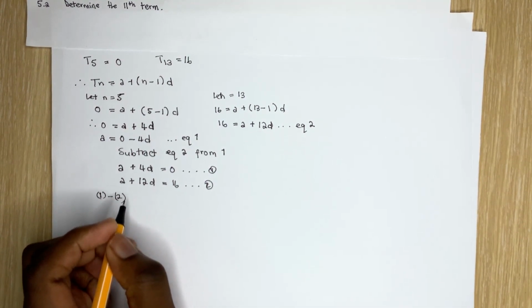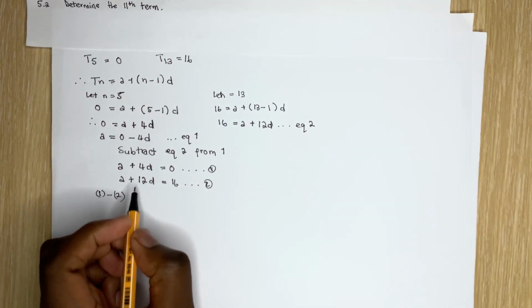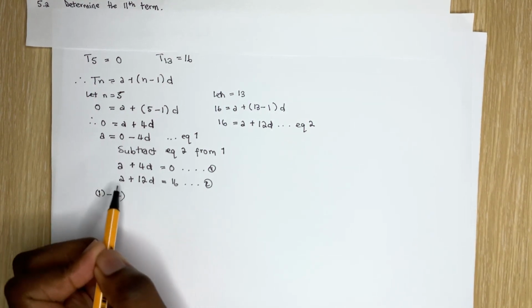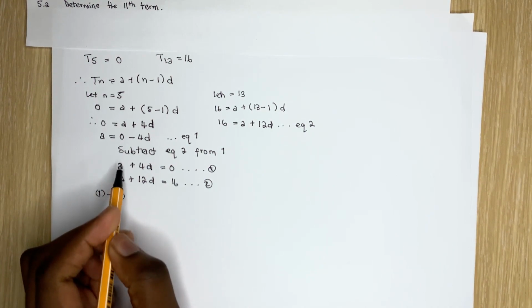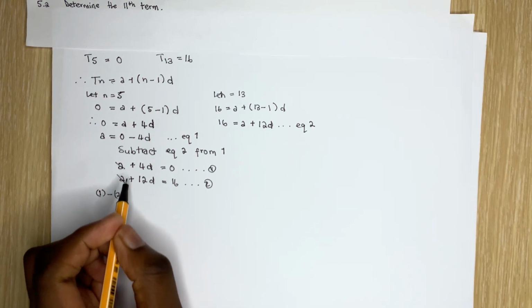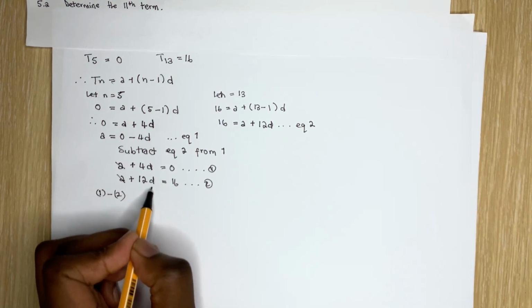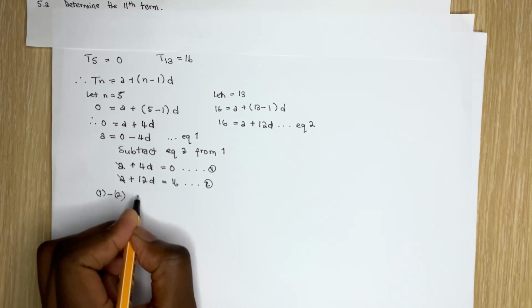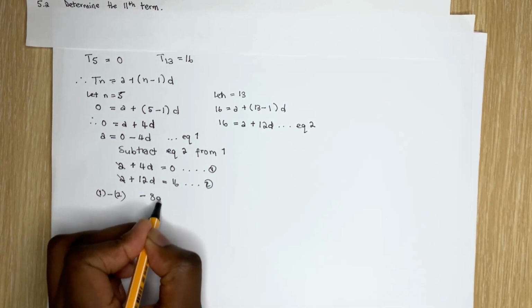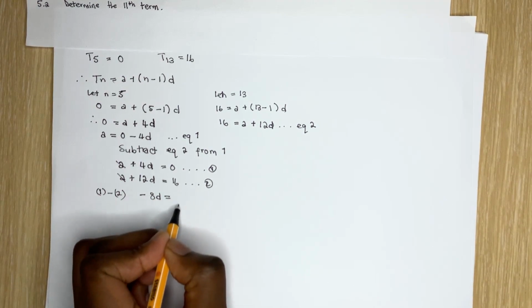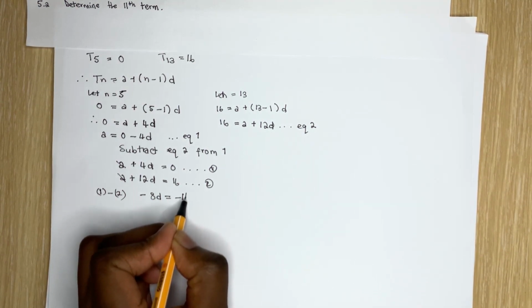In this case, the variable that we can eliminate is A. If we subtract these values, A and A are going to cancel, and we end up with 4d subtract 12d, and what we get is negative 8d equals to 0 minus 16, negative 16.